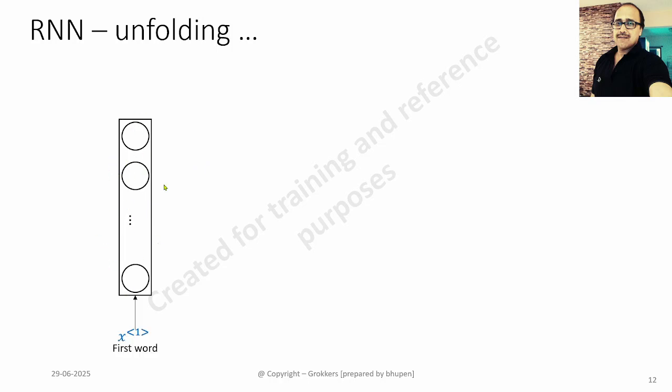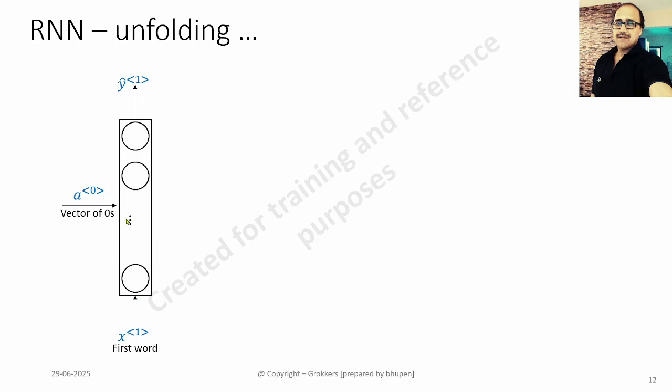And we call this network unfolding, which simply means time steps. At each time step, you have the input data. Let's say this is a recurrent neural network, with the present word and the output, which is y1, and then the memory, which is the hidden state for each of the RNN cells.